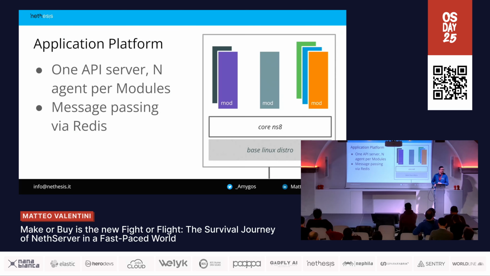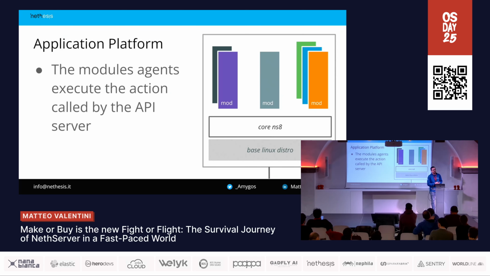So for the application platform part, we have one API server and multiple agents, one for each module. The communication between the API server and the agents in the modules is made by the Redis database, and the module agents execute the actions they are called for by the API server.